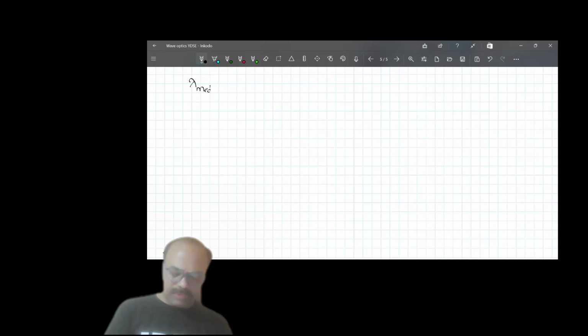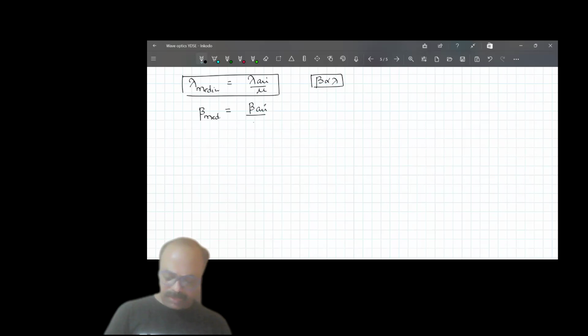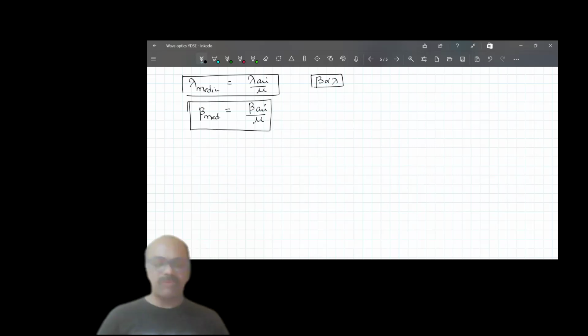And we know beta is directly proportional to the wavelength. So from this we can write beta medium equals beta air by refractive index. Directly, this is the shortcut form that we can use to find out fringe width.